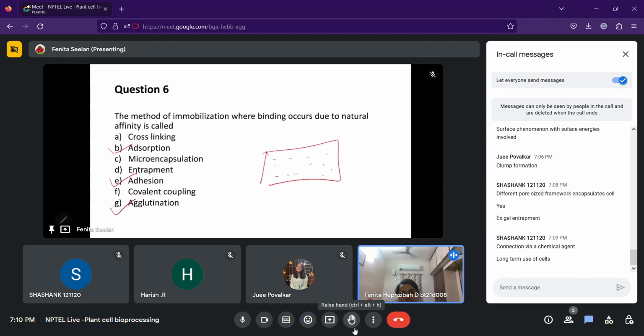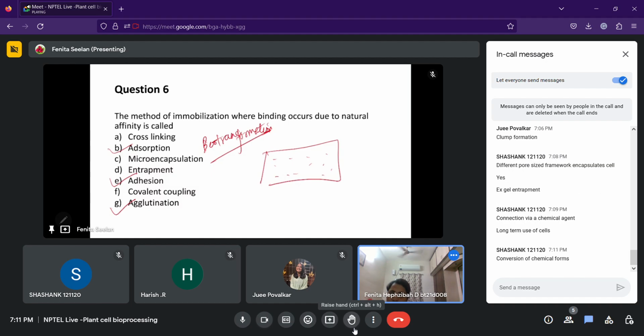So what does biotransformation do actually? What is biotransformation? Conversion of chemical forms. Say, for example, a compound goes in as A, is metabolized by the plant systems, and is converted to an end product of your need.